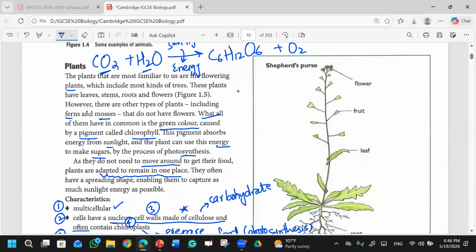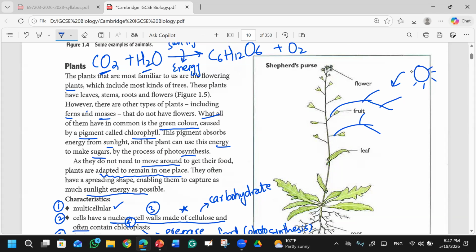They often have a spreading shape. You know the spreading shape, what is the spreading shape? Just like these, they can spread at the branches of the plant, okay? Enabling them to capture as much sunlight energy as possible. The reason for this spreadness is so that they have more exposure to the sunlight, okay?